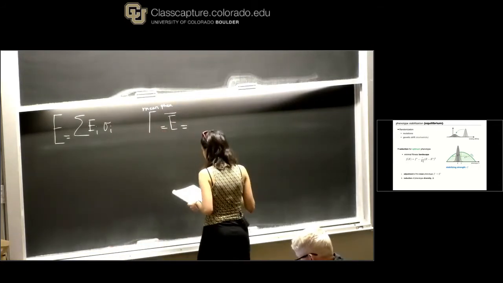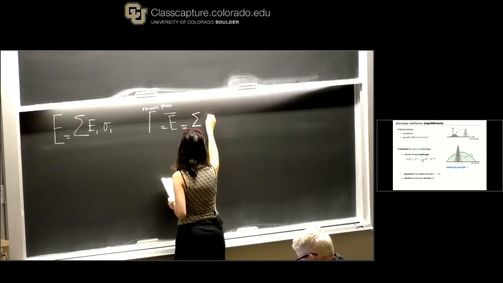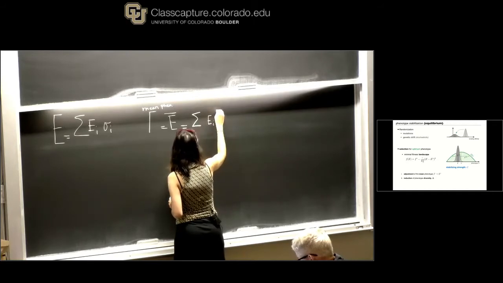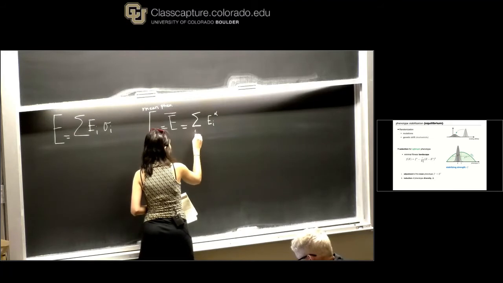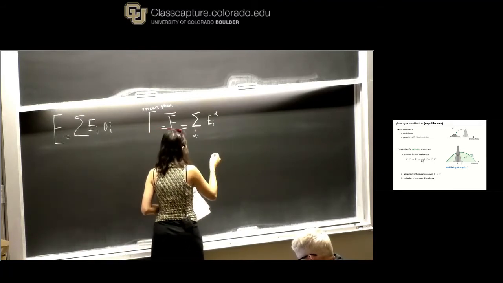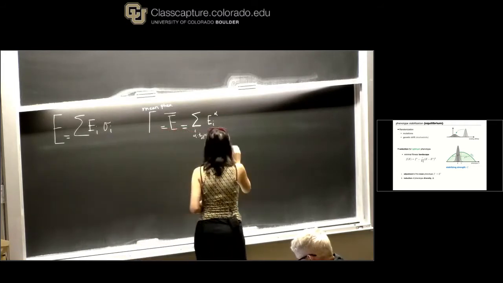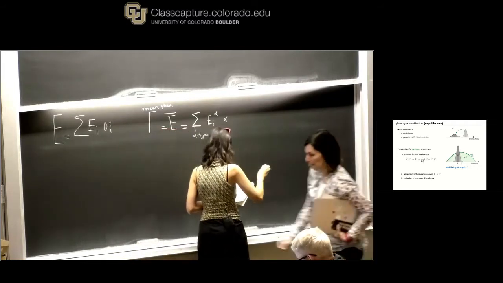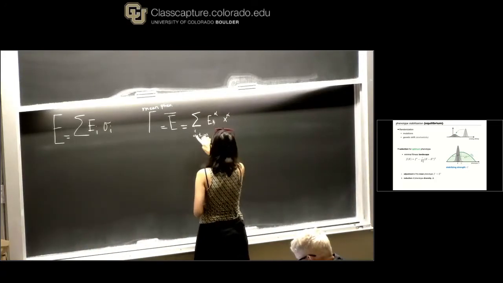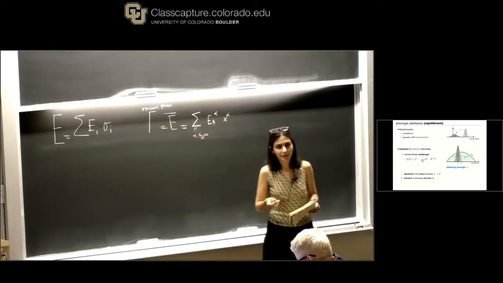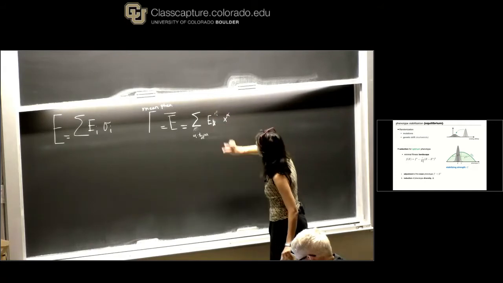So this would be the sum over alpha of E alpha X alpha, where alpha are the types in a population, the genotypic types: the energy of a type alpha times the frequency of the type alpha.